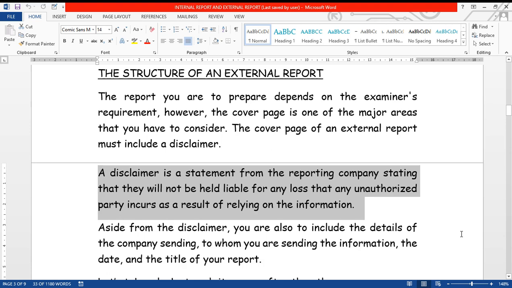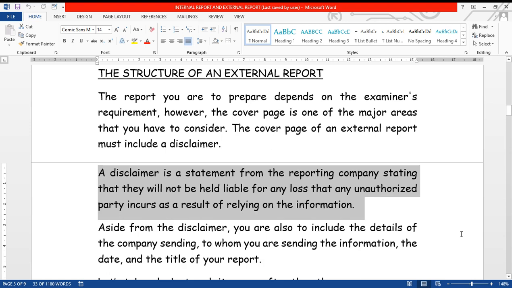Why is a disclaimer necessary? When you're preparing an external report, it's going out of your company, and the truth of the matter is, you don't really know who would come in contact with that report. Let's say, for example, you're working for Ade Chartered Accountants, and you're asked to prepare a report for ABC Limited.